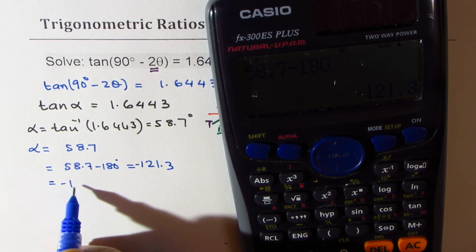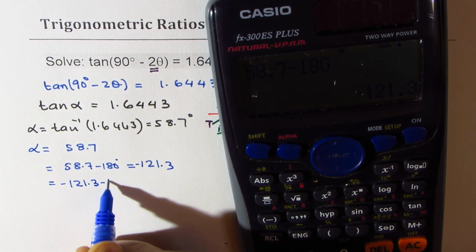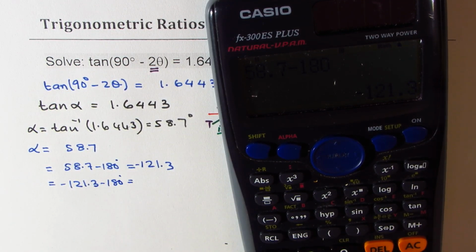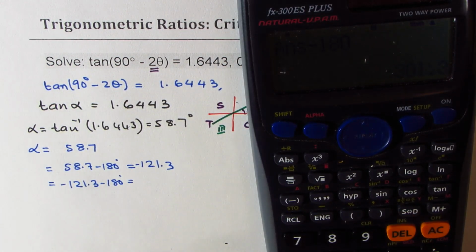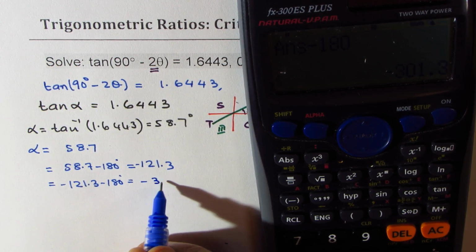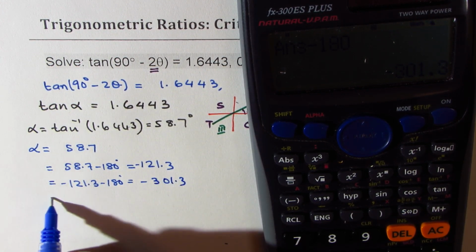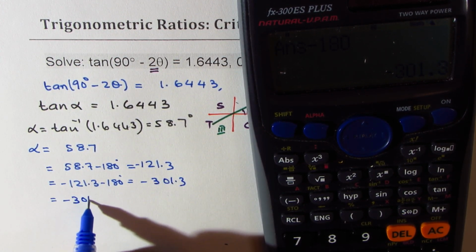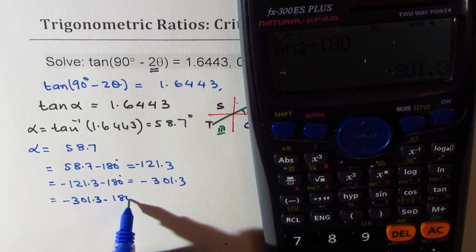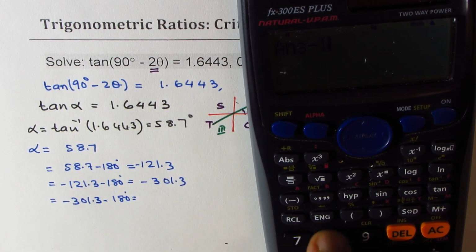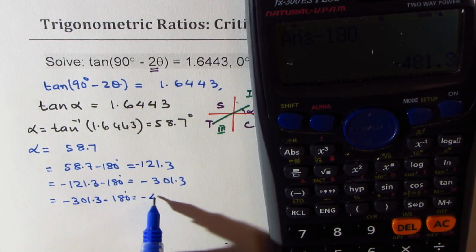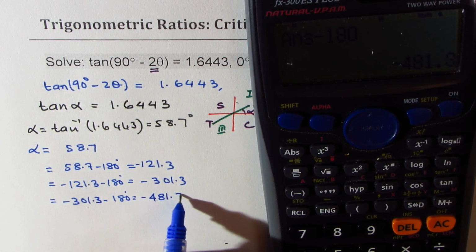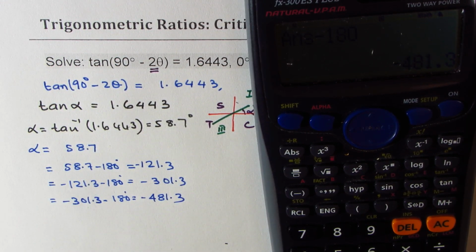Then from minus 121.3, let's take away 180 degrees. How much do you get? Minus 301.3. Now from minus 301.3, we'll again take away 180 degrees, and that gives us in decimals minus 481.3 degrees. Do you see that?